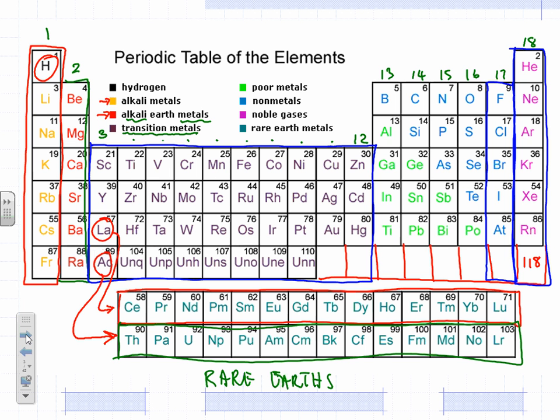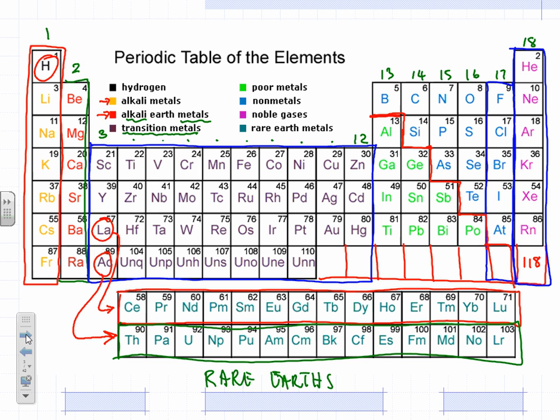Now, this diagram also has some additional interesting patterns that I'd like to highlight. If we look at the position of the metals versus the non-metals, we start up here above aluminium and do a zigzag line down around aluminium and so on.